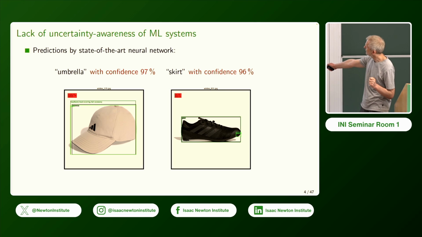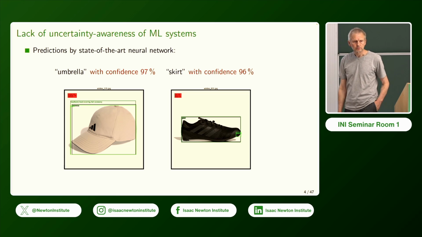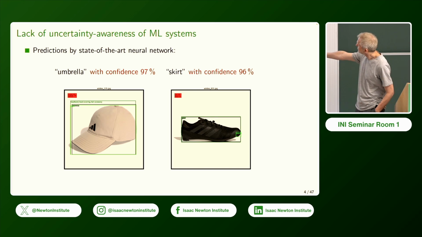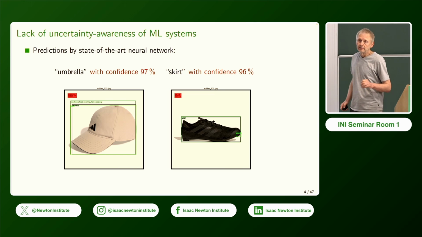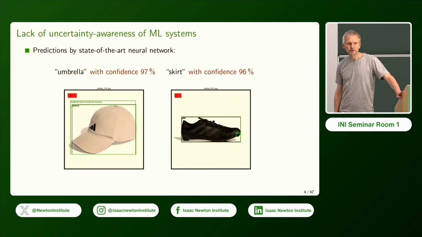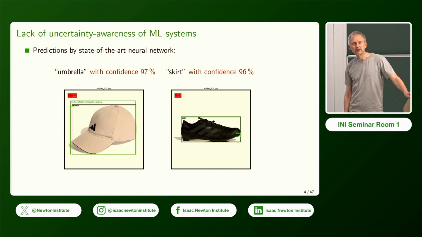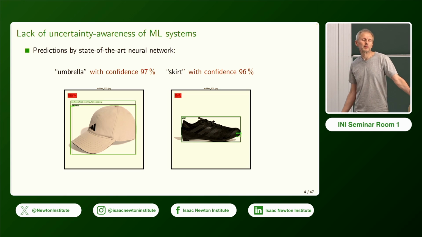So here is a simple example, a hand-picked example, admittedly. We trained a state-of-the-art neural network on such a fashion data set here. And then for these two cases, you get predictions umbrella and skirt, obviously miserably wrong, which is not actually the problem, because, of course, any predictive model can make mistakes. We as humans also make mistakes, not in these cases, but maybe in others.